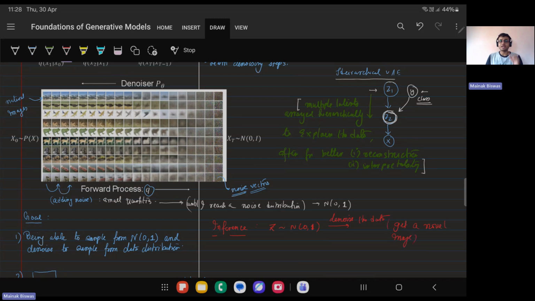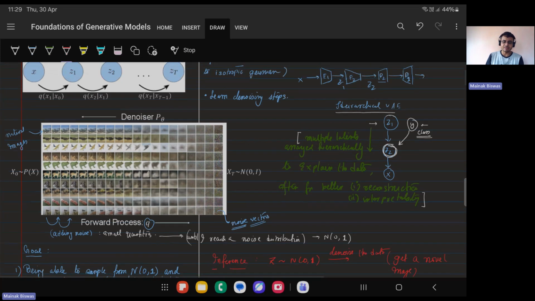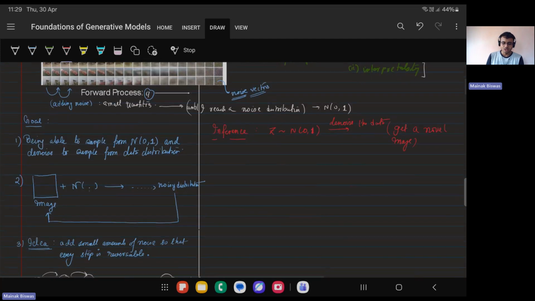So that's the idea. I'm going to add small amounts of noise and I will learn what noise was being added at every step, so that when I finally sample from a noisy distribution and do the denoising, I can get novel images, and we'll see what that means. And it can be thought of as a Markov chain. So the goal, as I have mentioned, is being able to sample from this normal 0, 1 distribution.